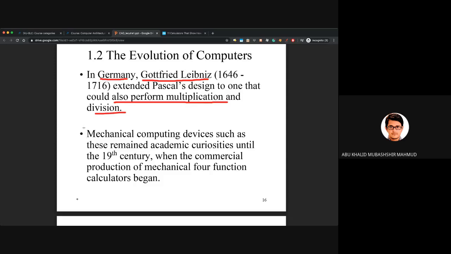Now, the real race begins here. Mechanical computing devices such as these remained academic curiosities until the 19th century. That is when the commercial production of mechanical calculators began.